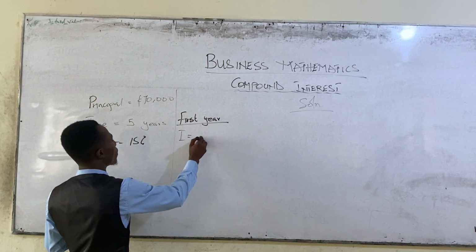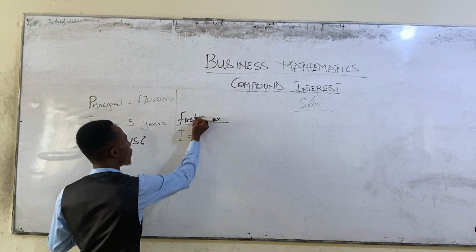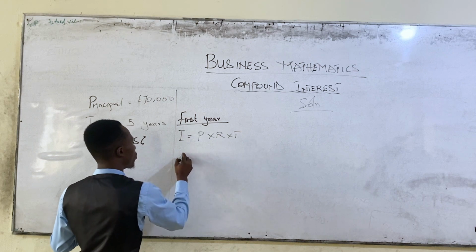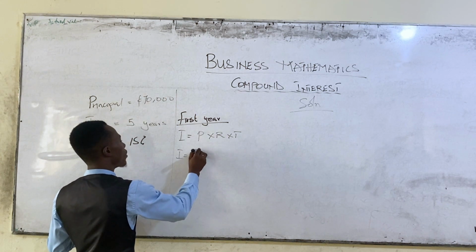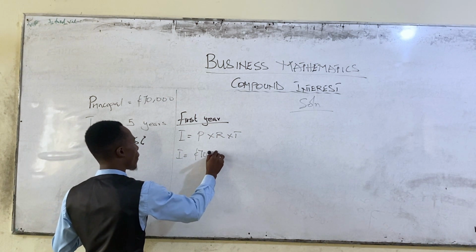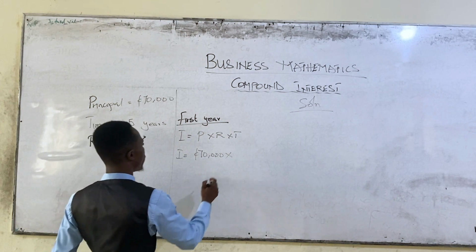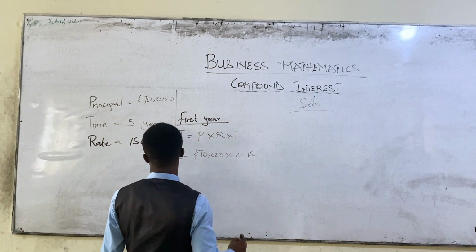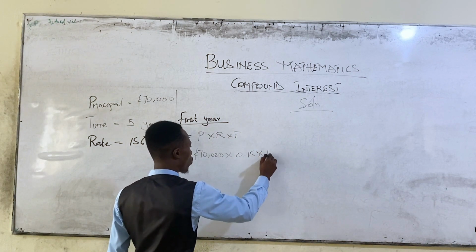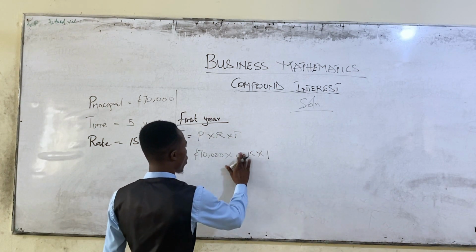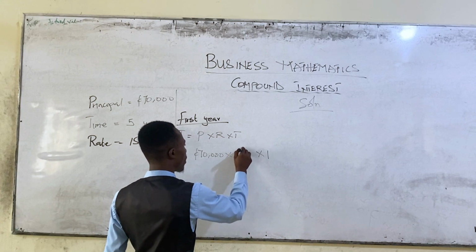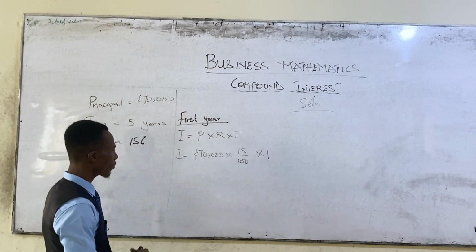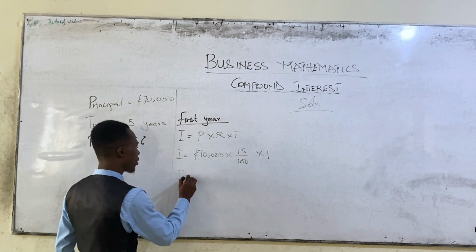Our interest, we know, is principal times rate times time. So our interest is going to be 70,000 multiplying the rate, which is 15%, so 0.15, multiplying 1. Or you can also write it anyhow you want, 15% like this.